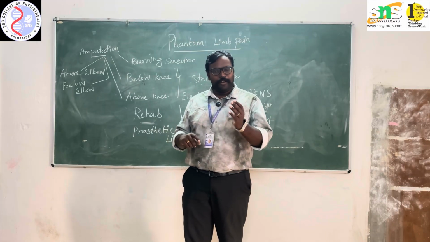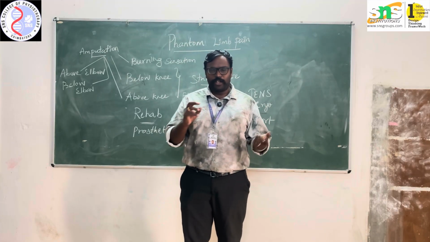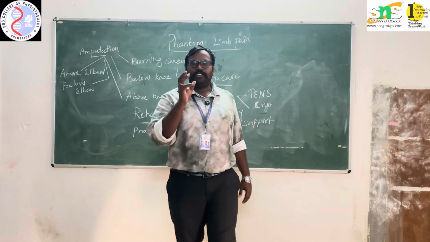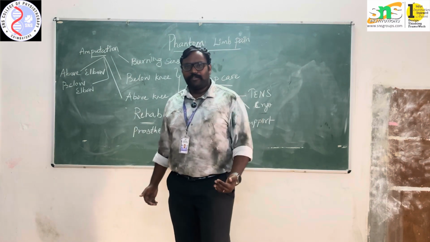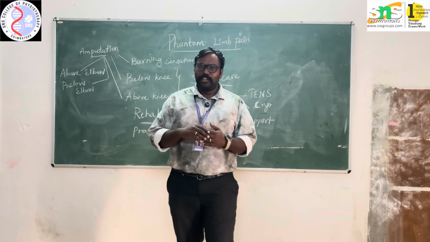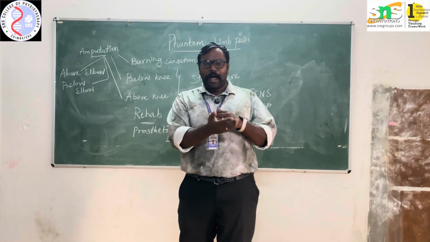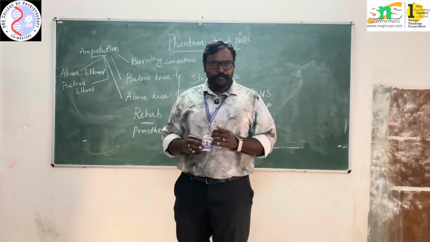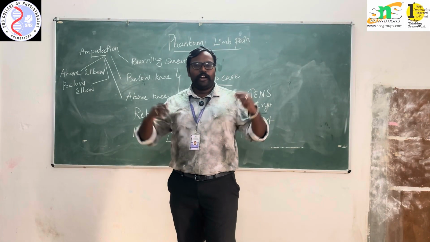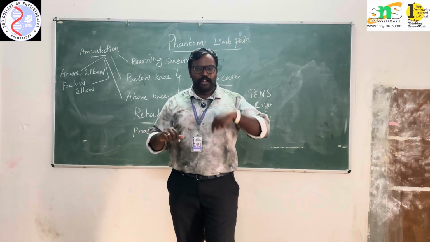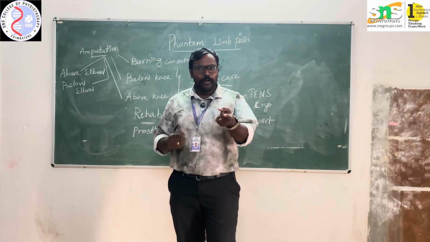For example, take a 22-year-old male patient affected by an RTA, and a below knee amputation has been done. It is stumped and all these techniques have been applied. Now going for the rehab protocol. How?